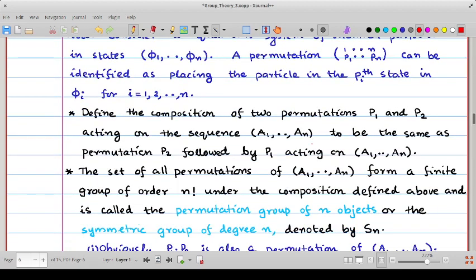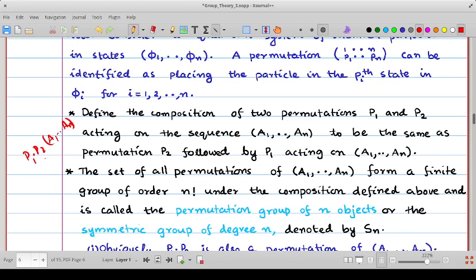Now we can define the composition operation for the permutations, say P1 and P2 acting on a given sequence A1, etc. up to An, and this can be defined as the action of the permutation, say consider the product P1 P2 on the sequence of objects A1, etc. up to An.